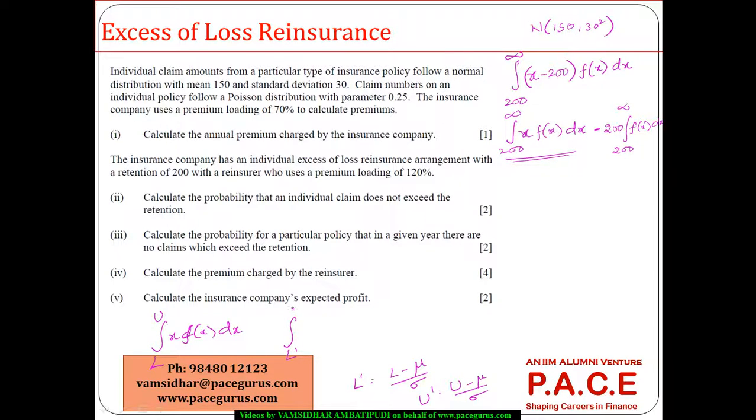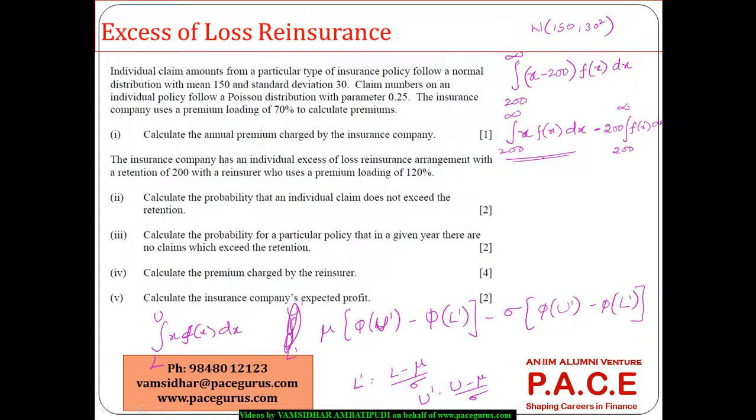So I can form L dash and U dash, and this gets simplified to mean times phi of U dash minus phi of L dash, the cumulative normal distribution, minus sigma times the probability density function of U dash minus the probability density function of L dash. This is the rule I can directly use.